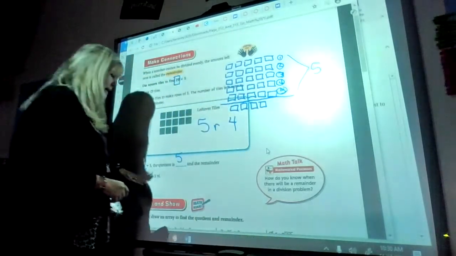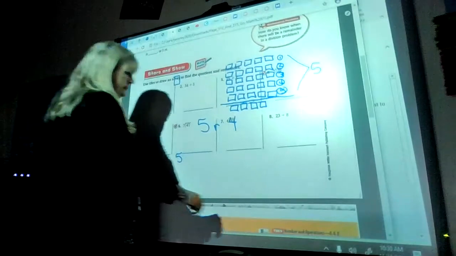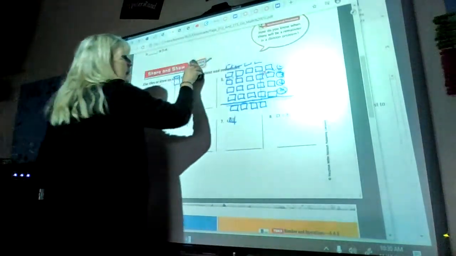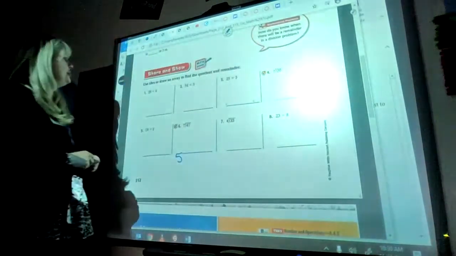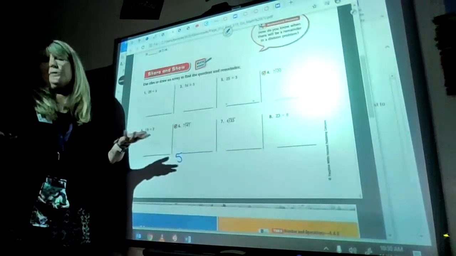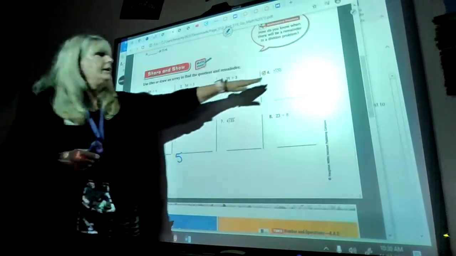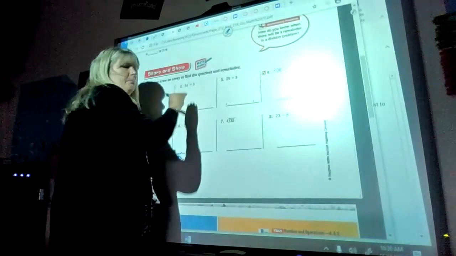Let's do another one together. Okay, this was 29 divided by 4, so we're going to skip that one. Let's go over here. This is a different way of looking at it. These are number sentences.